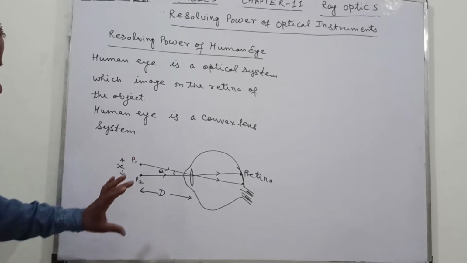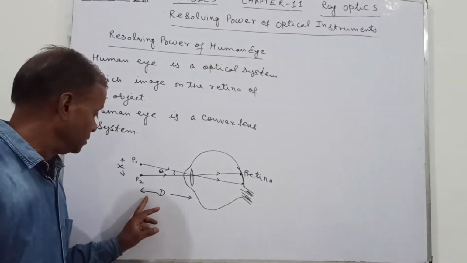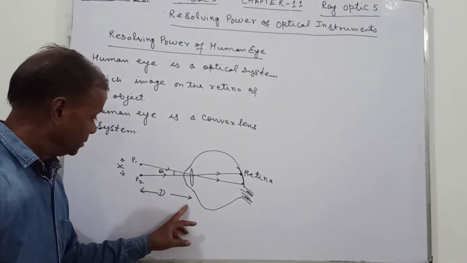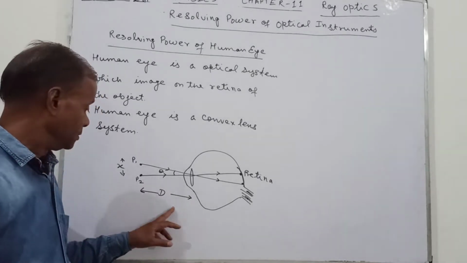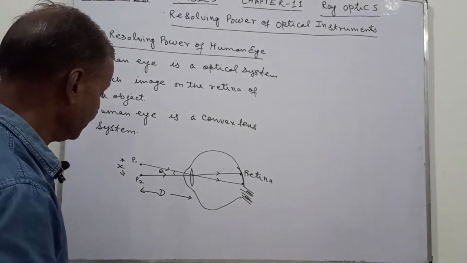x is the distance between the objects P1 and P2, and D is the least distance of distinct vision.